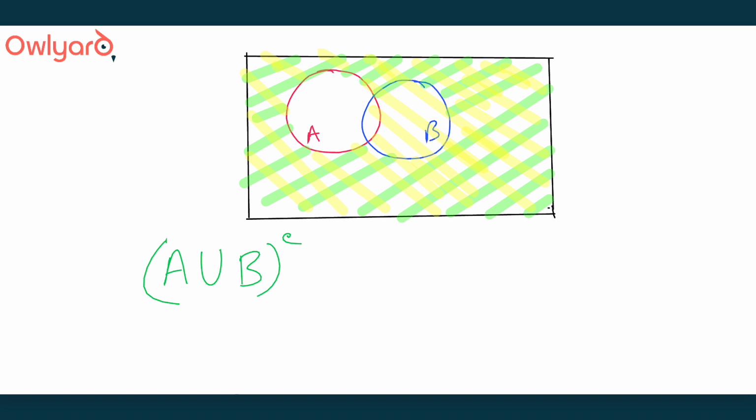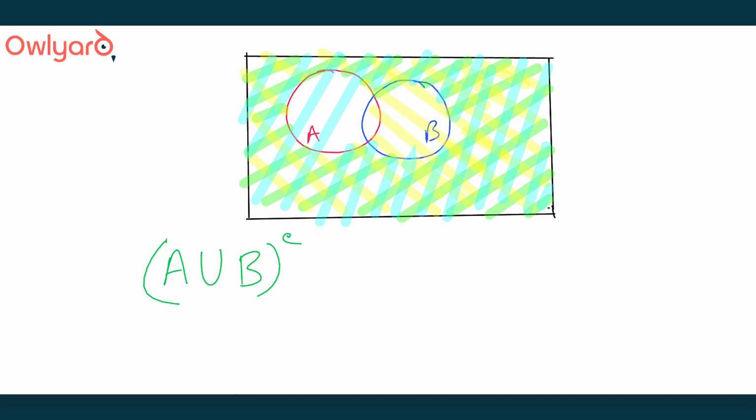Of course everything outside will be part of it, but also the area that is inside A but not in B will be part of B complement. Now if you do that, then notice that the green denotes A union B complement. Blue denotes the B complement, and yellow denotes A complement, right?